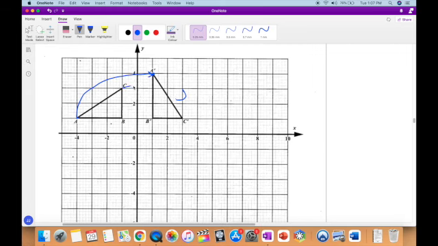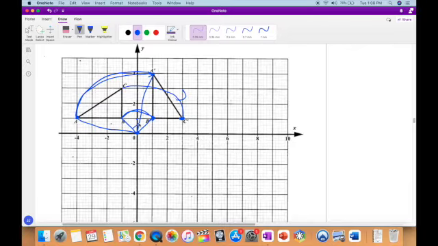We will see that C rotates this way to get there, and B will rotate this way to get here. But how will that rotation work? Well, maybe the center of rotation isn't here. Maybe the center of rotation would be here, and now B could rotate like that and reach there. And if I had the center of rotation on the origin, A could rotate like that and reach there.